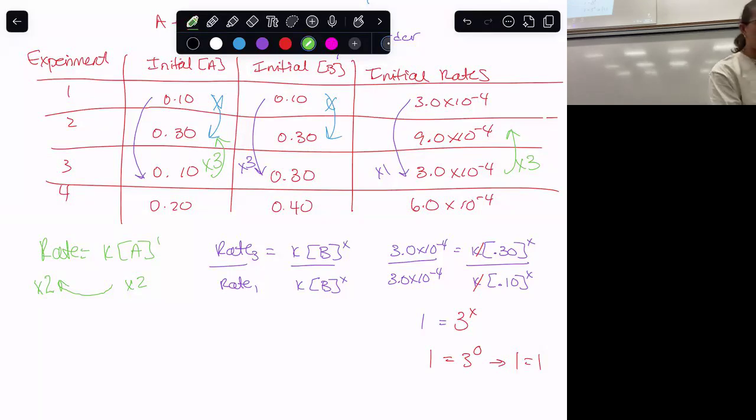Okay, and you could do that for A as well, right? If we look at going from 3 to 2, we have 9. We're going to divide that by 3.